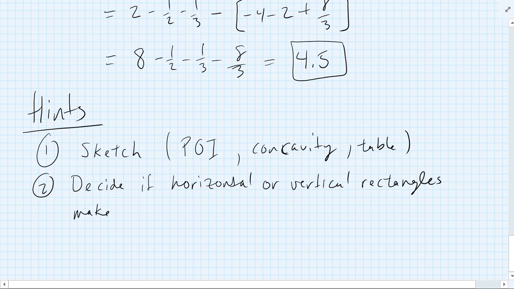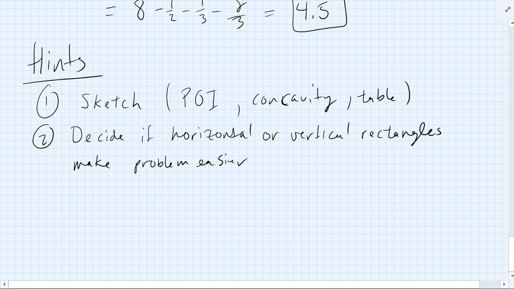We want to know if they make the problem easier. So you're looking at whether it's horizontal or vertical. If it's horizontal, that's the y version. In terms of y, this is the in terms of x part. And I think I forgot to write that on yours.